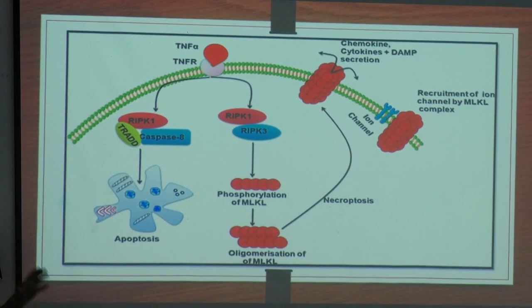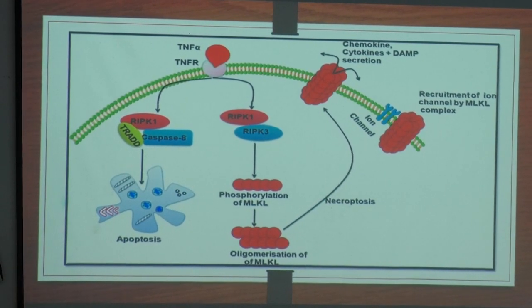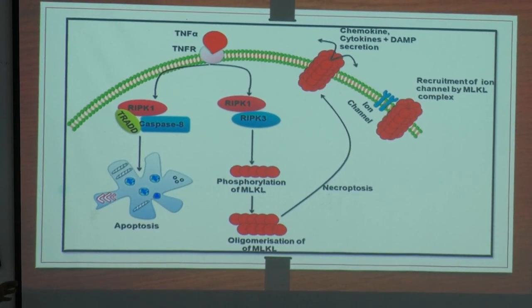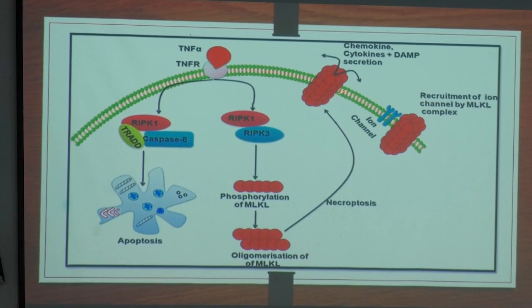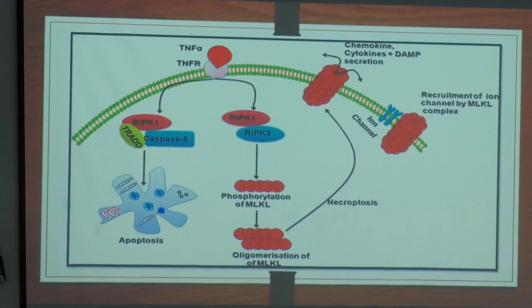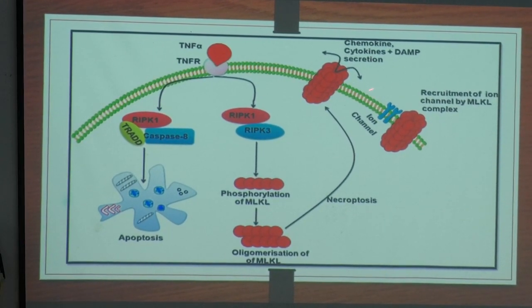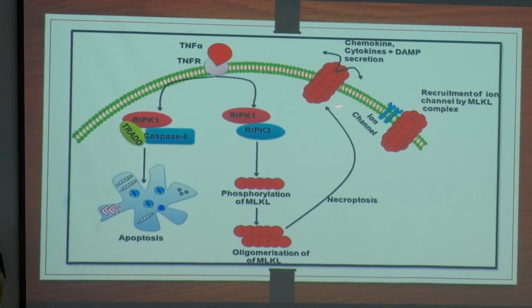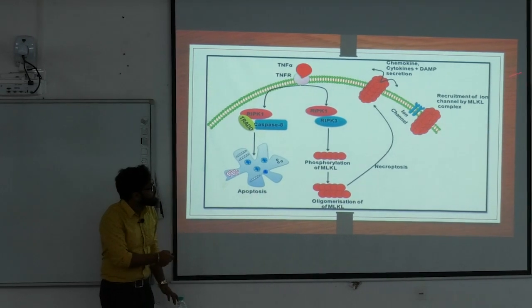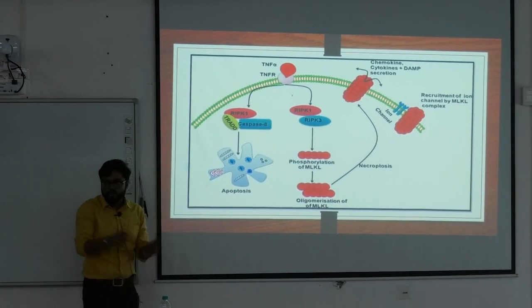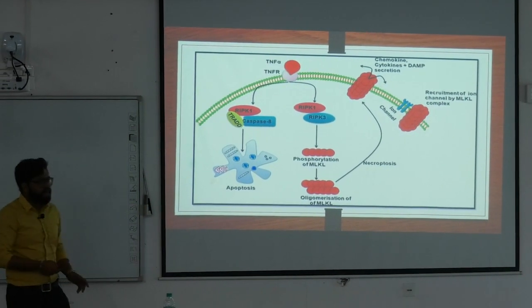polymer formation. Phosphorylated MLKL binds with each other, causing pore formation within the cytoplasmic membrane, through which chemokines, cytokines, and different kinds of proteins move outside, and they also recruit chemokines and cytokines.